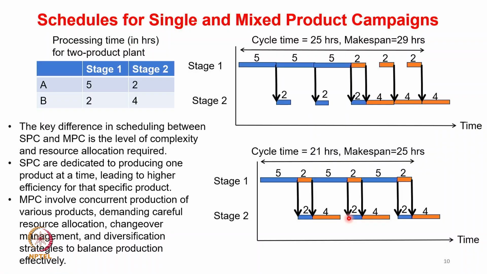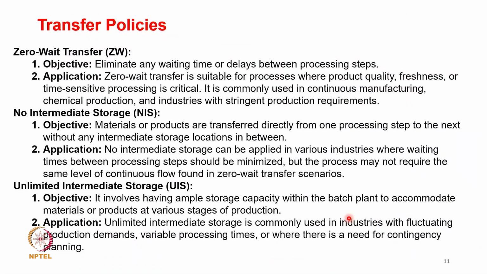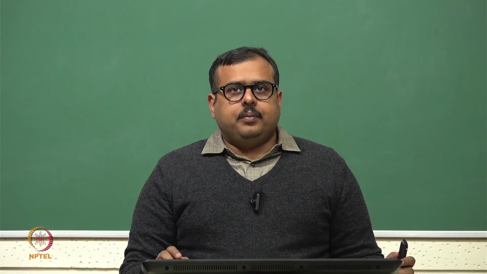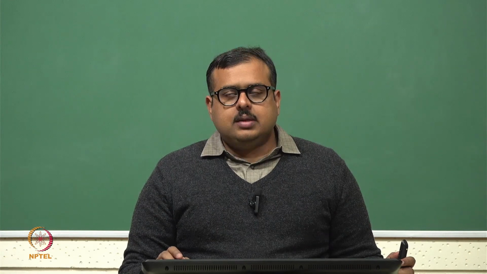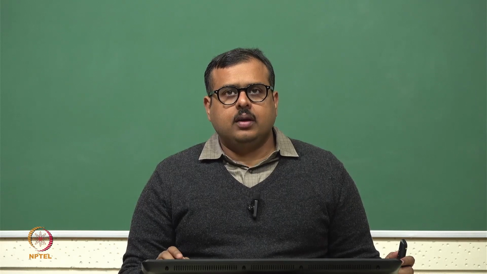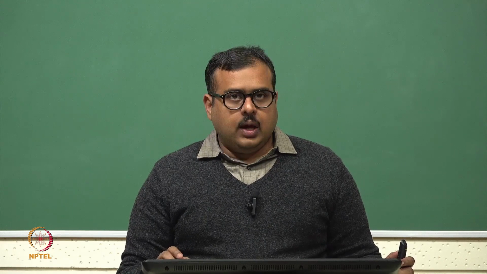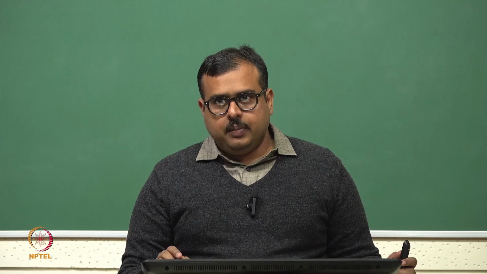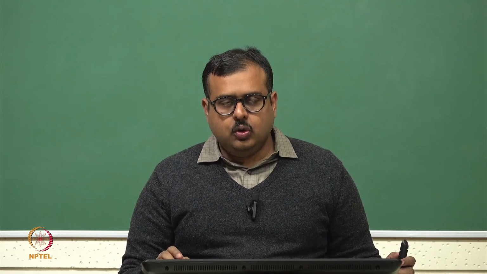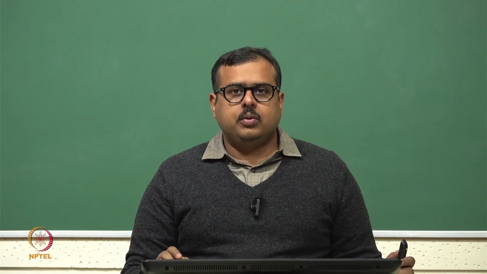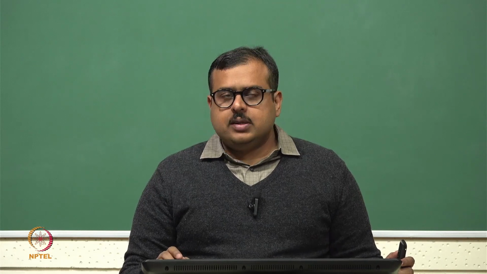If you recall in the previous case, when a process is completed and it is going to stage 2, it typically does not happen immediately. It may happen immediately if it is easy to do so, but otherwise you have to actually identify what is called that.